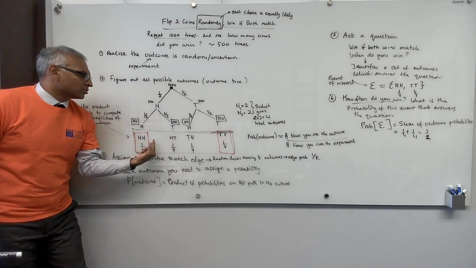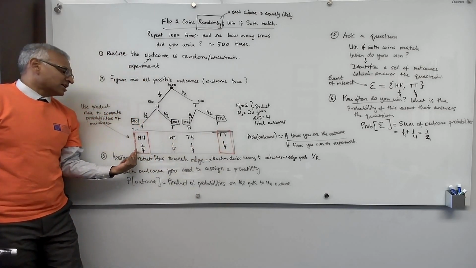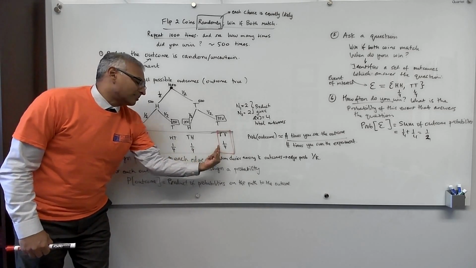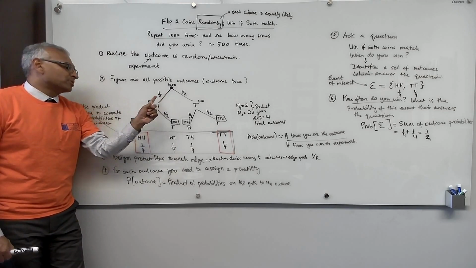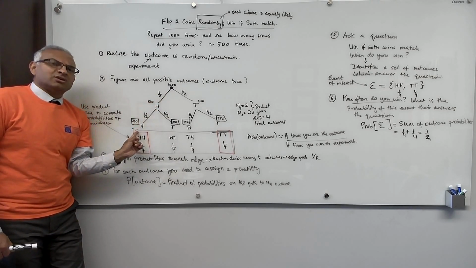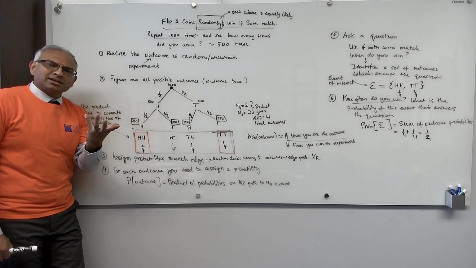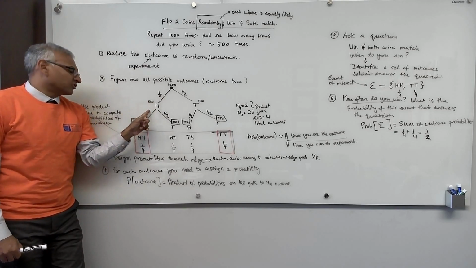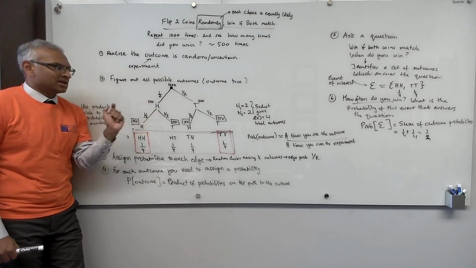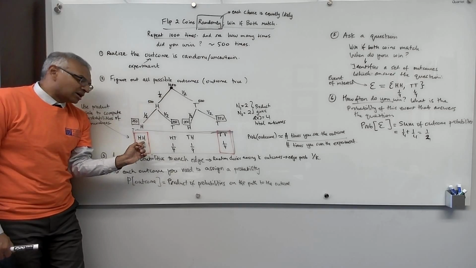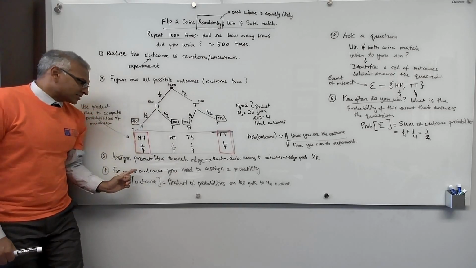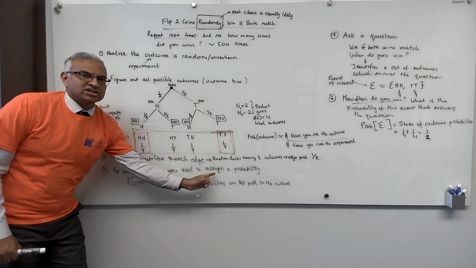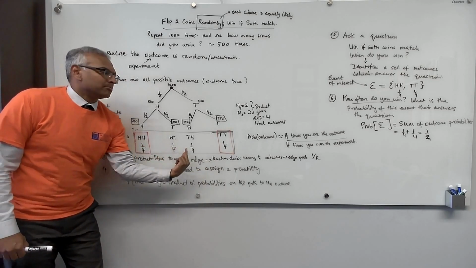Once you have computed all the possible outcomes, you need to assign probabilities to each outcome, and that effectively amounts to, for each outcome, multiplying the probabilities in each stage of the experiment, which mechanically becomes multiplying the probabilities for each edge in your experiment that leads to this outcome, which is a leaf of the outcome tree. Okay? So assign the edge probabilities and then multiply edge probabilities to get outcome probabilities.